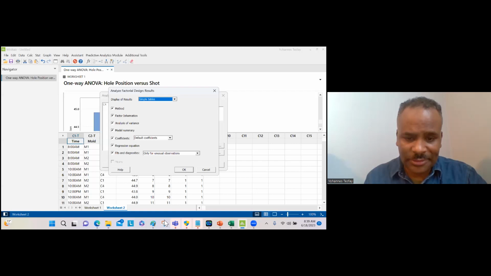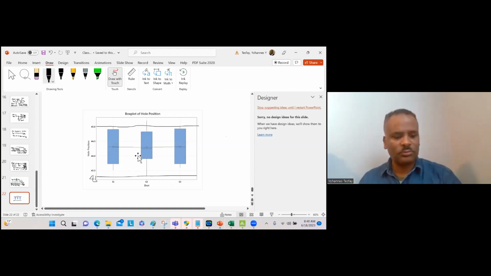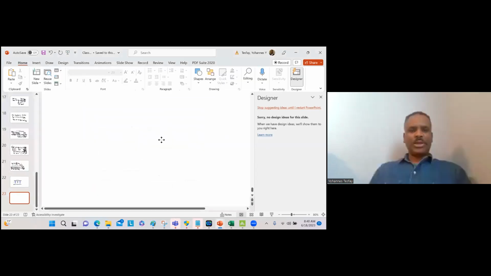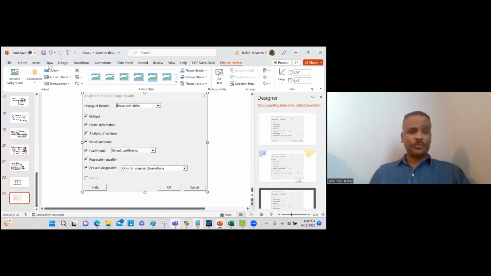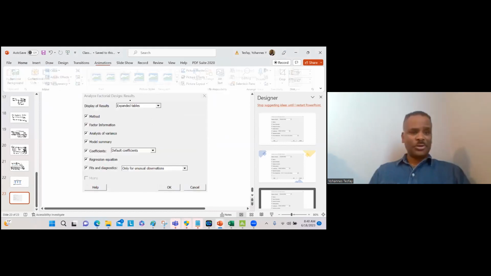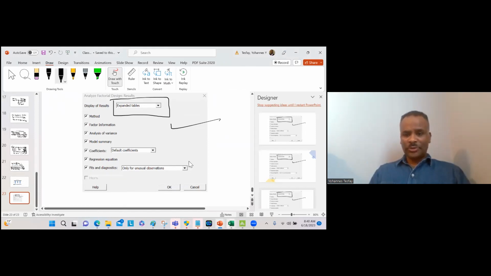Copy. Does it extend the table down? This is what you select usually. This is very important, okay? Don't forget that. So now let's move here.